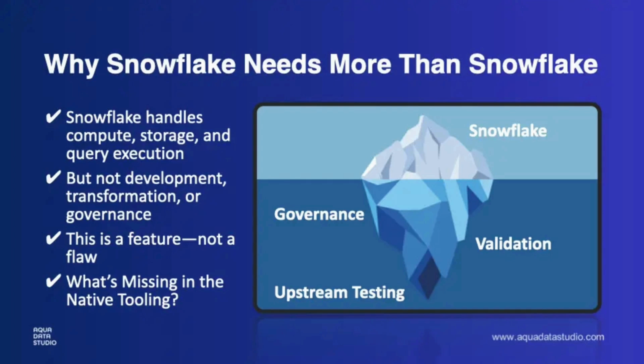And transformations, governance, and upstream validations are not within its capabilities. And this isn't a defect in Snowflake. It's actually the way they designed Snowflake so that it can remain fast and scalable. And that's why teams working at scale need complementary tools like Aqua Data Studio.